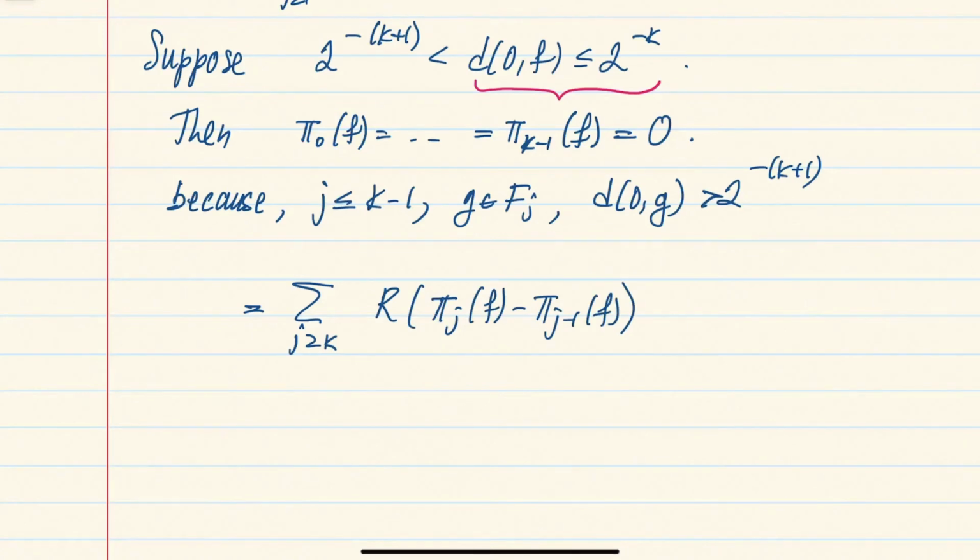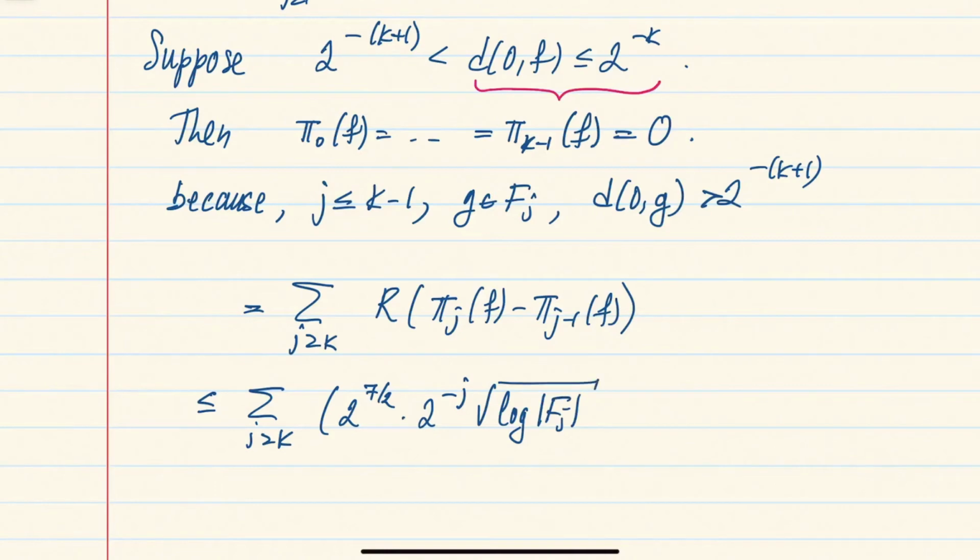Okay, and then on the above event of high probability, we can control the Rademacher process of this link by, well, I just copy the bound above. It's 2 to the 7/2, 2 to the minus j, square root of the log of this cardinality of f_j, plus 2 to the 5/2, 2 to the minus j times square root of u.